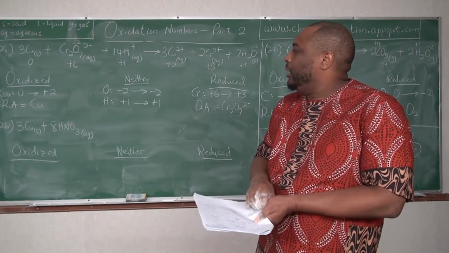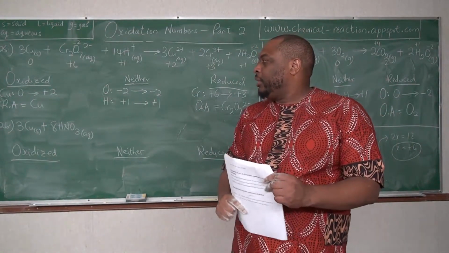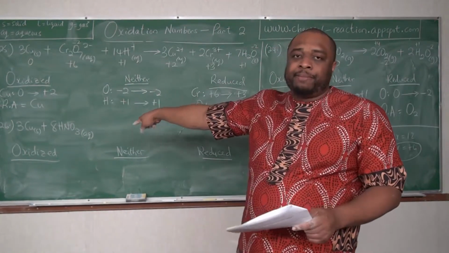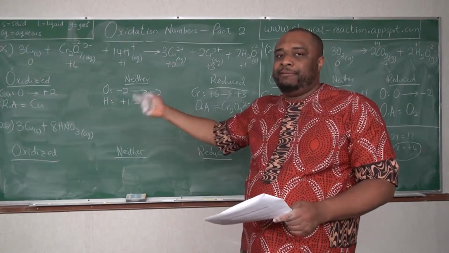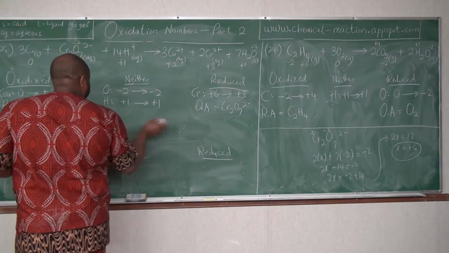So, 3 moles of copper reacting with 8 moles of trioxonitrate 5 acid. If you calculate the oxidation number of nitrogen, it's going to be 5. Don't worry, we can calculate it.